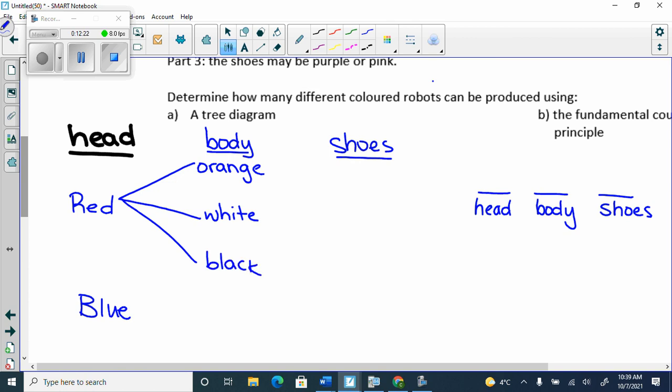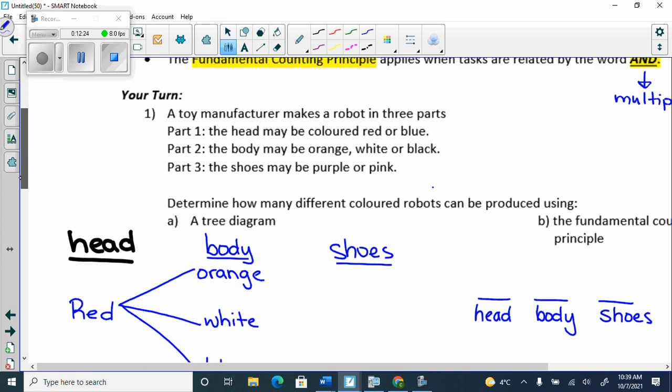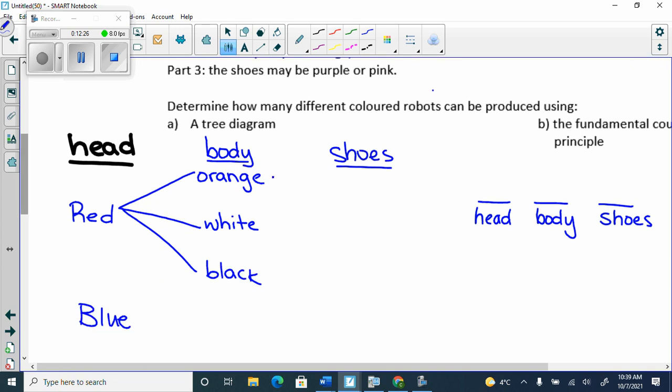And you're going to do it again for the blue. And then for the shoes, you have purple or pink. So off here, you're going to have purple, pink. Because in the head option, you have 2. And in the body option, you have 3. And in the shoes option, you have 2.